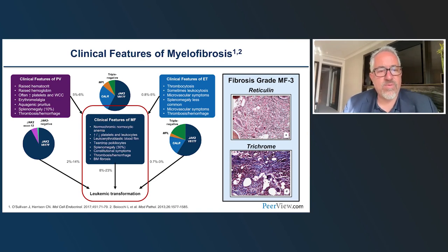But progression to overt myelofibrosis can come with cytopenias, increasing fibrosis in the bone marrow, as you can see, whether stained with reticulin or trichrome, leukoerythroblastosis, splenomegaly, symptoms, and the potential of transformation to acute leukemia. And all of this occurs in the setting of an evolving understanding of both driver mutations as well as additional somatic mutations.